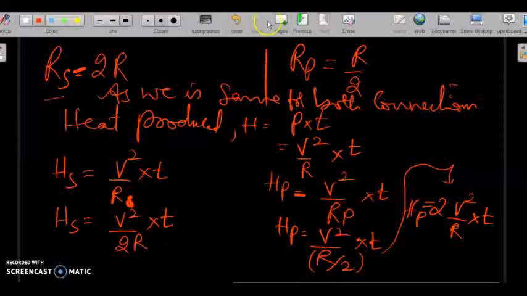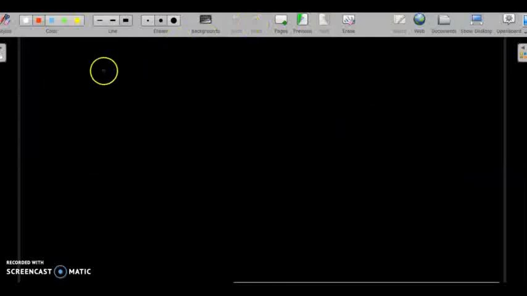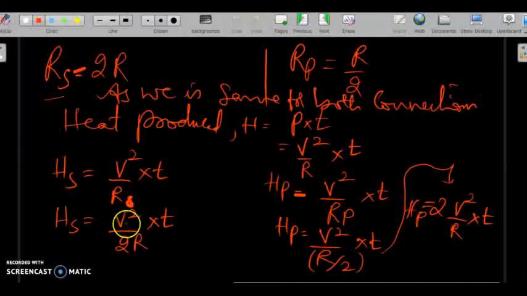Okay. Now finding the ratio Hs by Hp. What is the value of Hs? V square by 2R into T, divided by 2V square into T by R. That's good. Now the T gets cancelled.